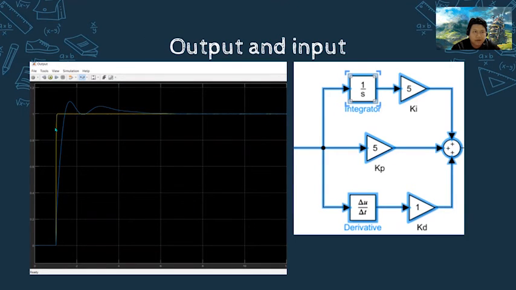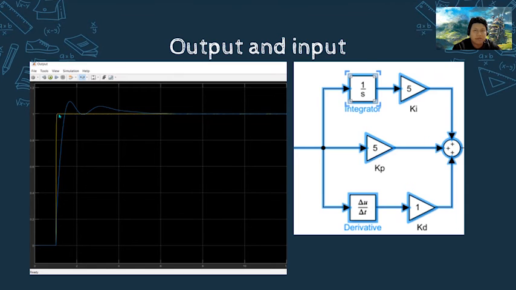Okay, this is the output. The blue graph is the output and the yellow graph is the input. You see this is before we use the saturation parameter. This is a 90 degree sharp turn to the right. It has no corner.